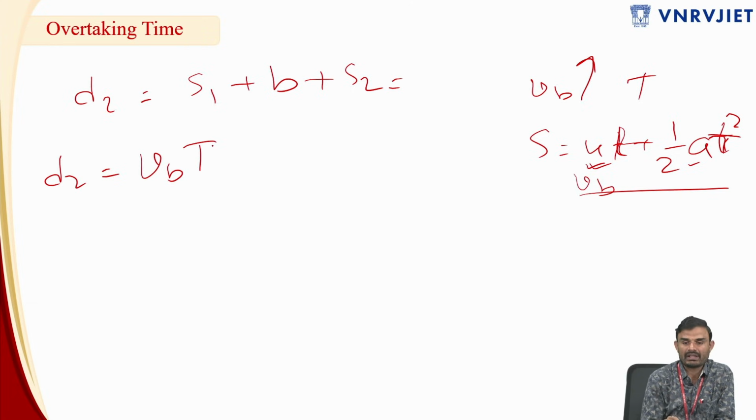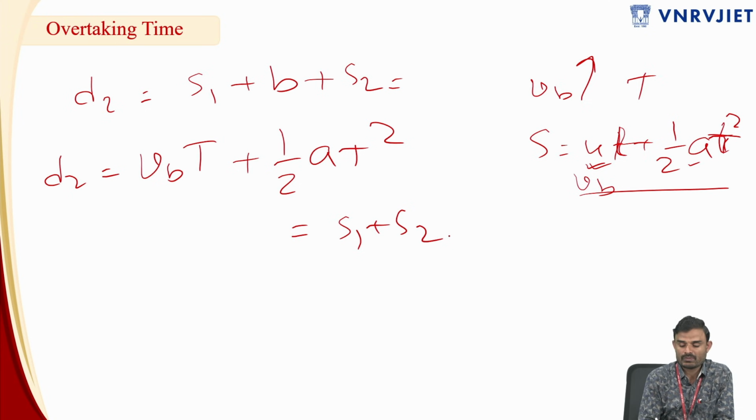So VB into capital T, plus half into A into T square, is equivalent to S1 plus S2 plus B.